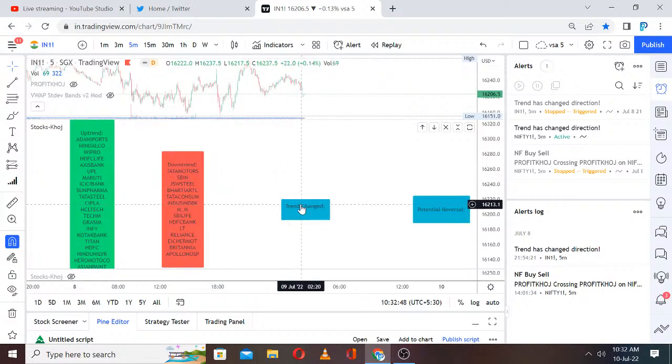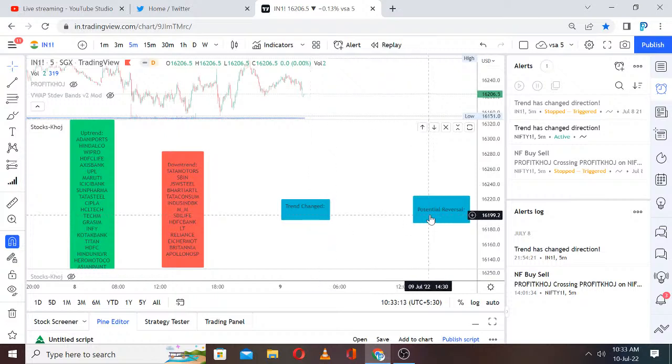Trend change, you have to look here. The stocks that are given the buy or sell signal will come here in like last candle. For example, now one candle is running and it has given buy or sell signal in the last candle, it will show here.